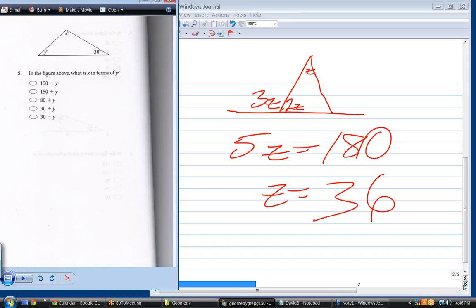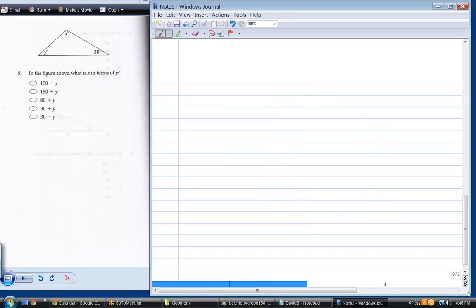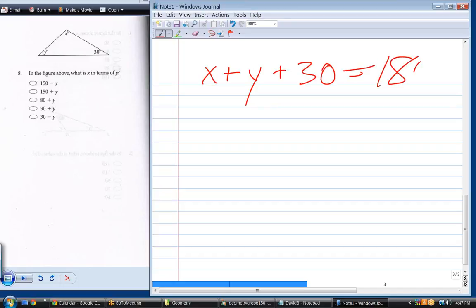All right. Okay, how about number 8? They want to know what is x in terms of y. Well, what equation can we write from the information that we're looking at? X plus y equals 180.